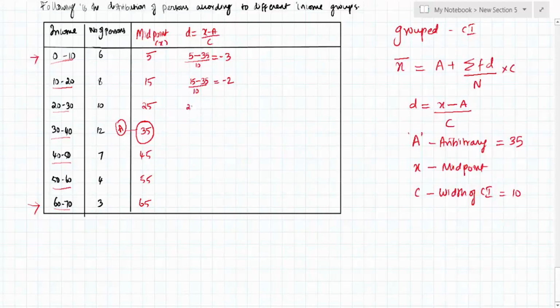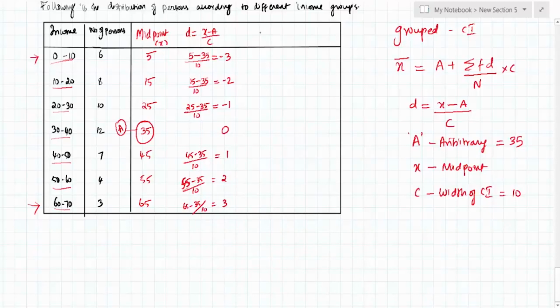For the third case, it is 25 minus 35 divided by 10, that is minus 10 divided by 10, so it is minus 1. Then you will have 0, and it is 45 minus 35, so it is positive 10 divided by 10, so it is plus 1. 55 minus 35 divided by 10, so it is going to be 2. 65 minus 35 divided by 10, and it is going to be 3. So in this way you have D.